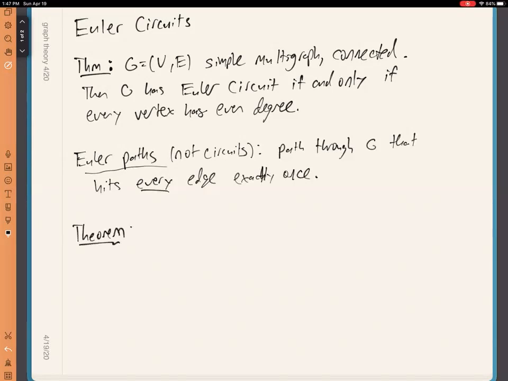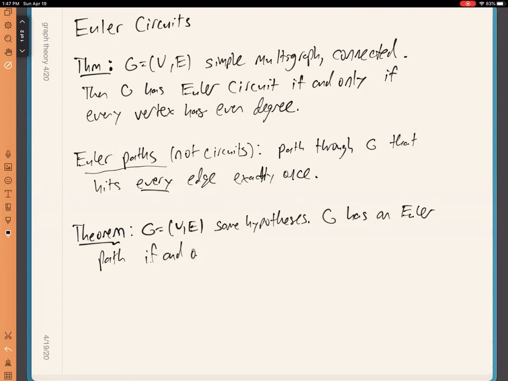Let's suppose that G has the same hypotheses as above, meaning it's a simple multigraph and connected. The theorem is that G has an Euler path, meaning a path that goes through every single edge exactly once on the graph, if and only if there are exactly two vertices in G of odd degree.